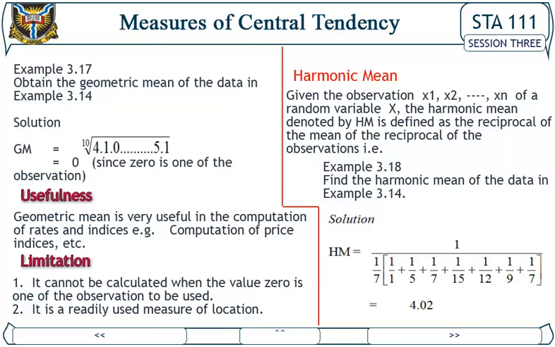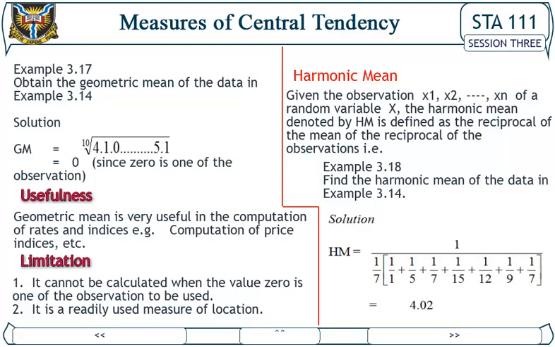Harmonic mean. Given the observations x1, x2 to xn of a random variable x, the harmonic mean, denoted by HM, is defined as the reciprocal of the mean of the reciprocals of the observations. Example 3.18. Find the harmonic mean of the data in example 3.14. Solution.